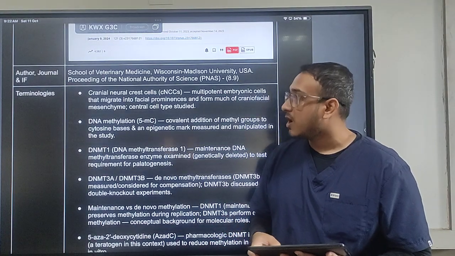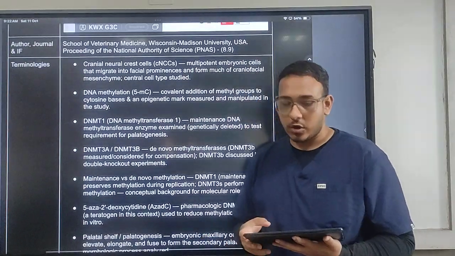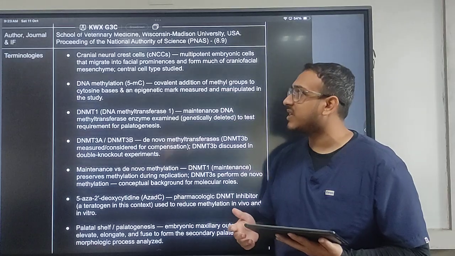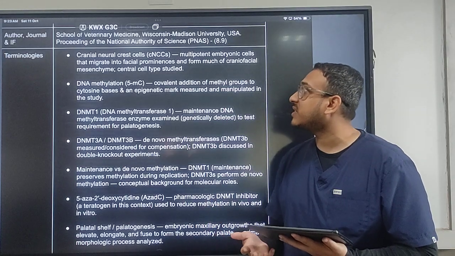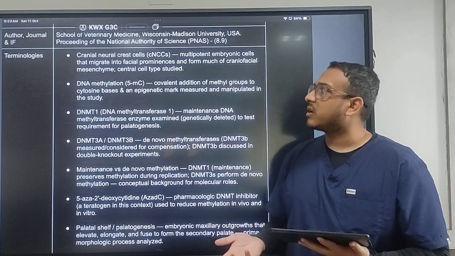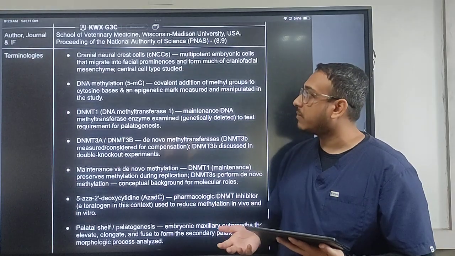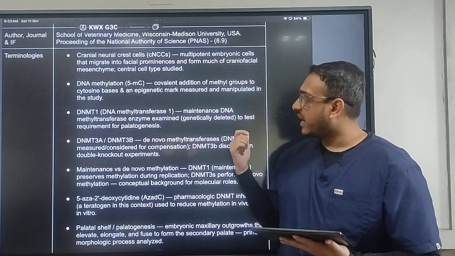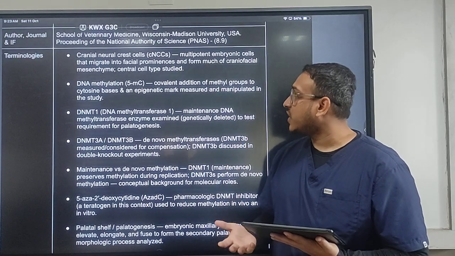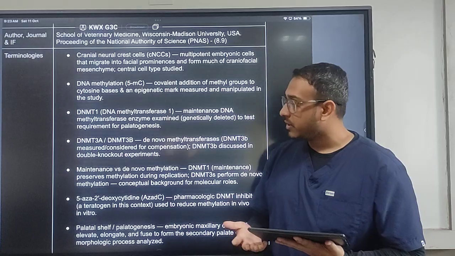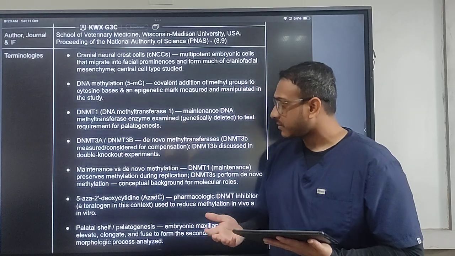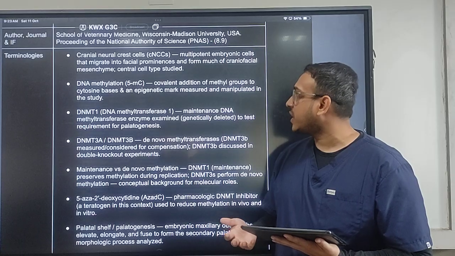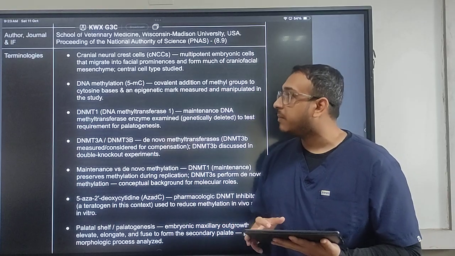of 8.9. So, the following terminologies we should know. Cranial neural crest cells are multipotent embryonic cells that migrate to facial prominences and form much of the craniofacial mesenchyme. DNA methylation is the covalent addition of methyl groups to cytosine bases, an epigenetic marker measured and manipulated in this study.